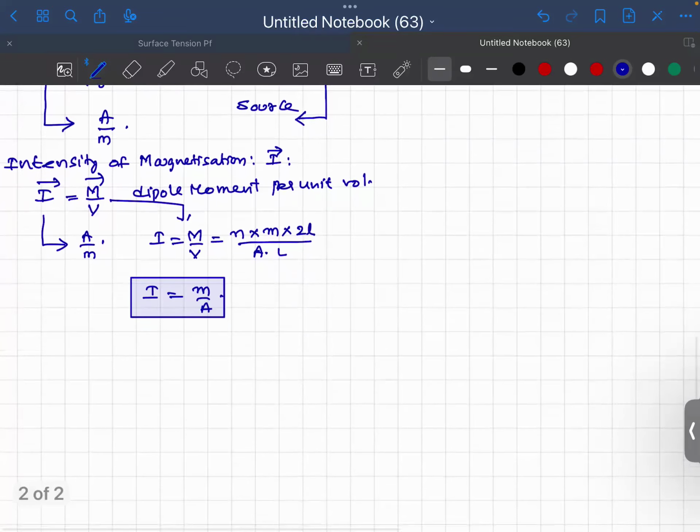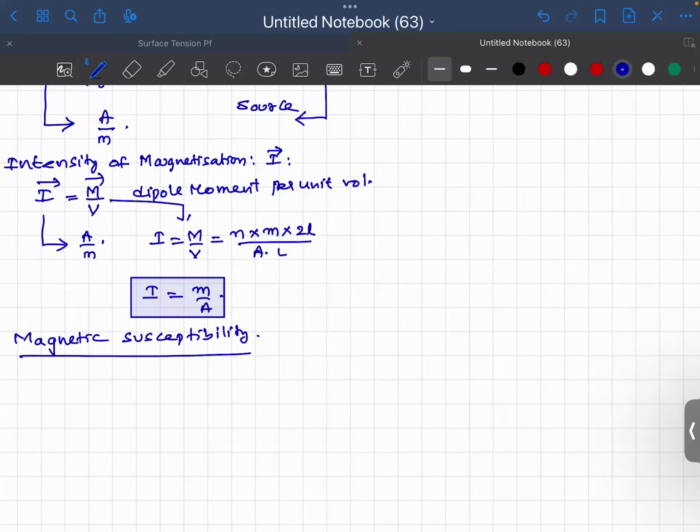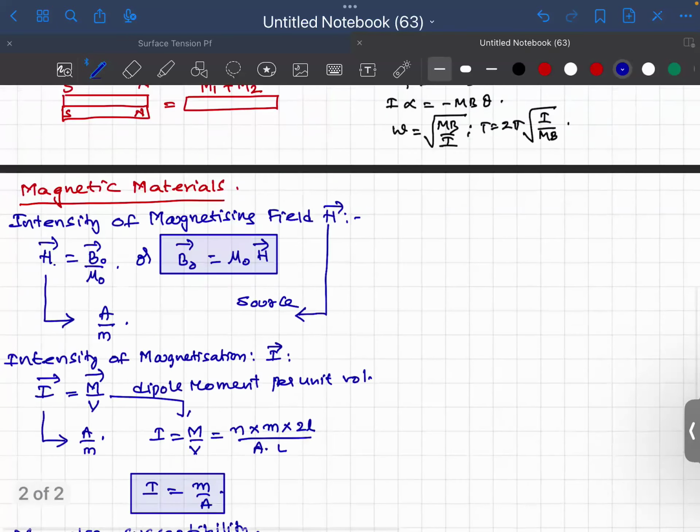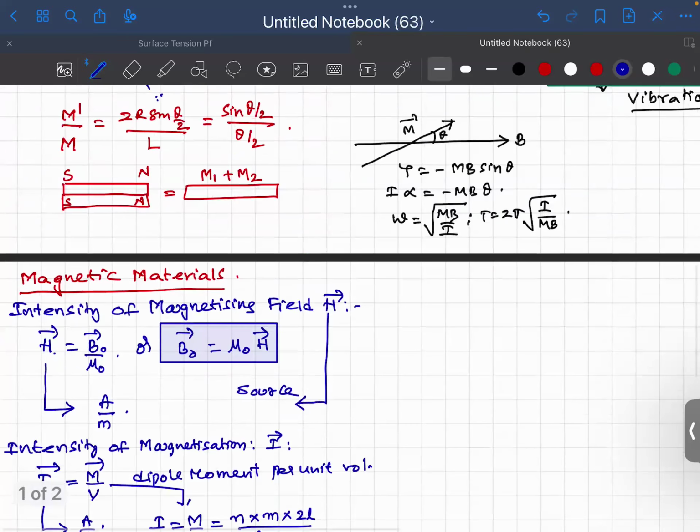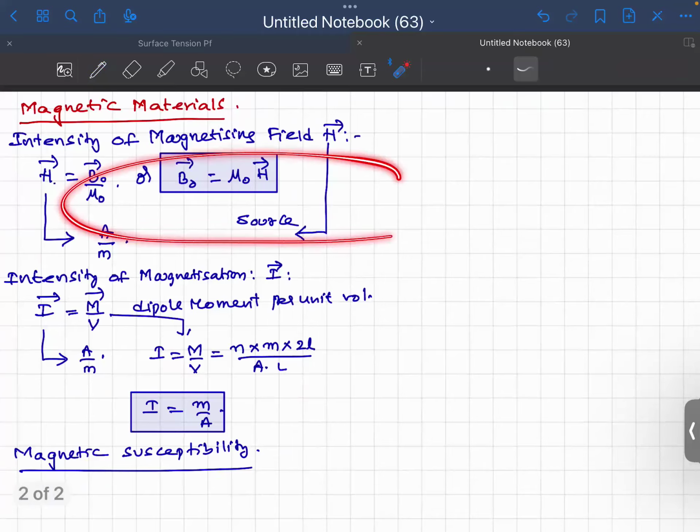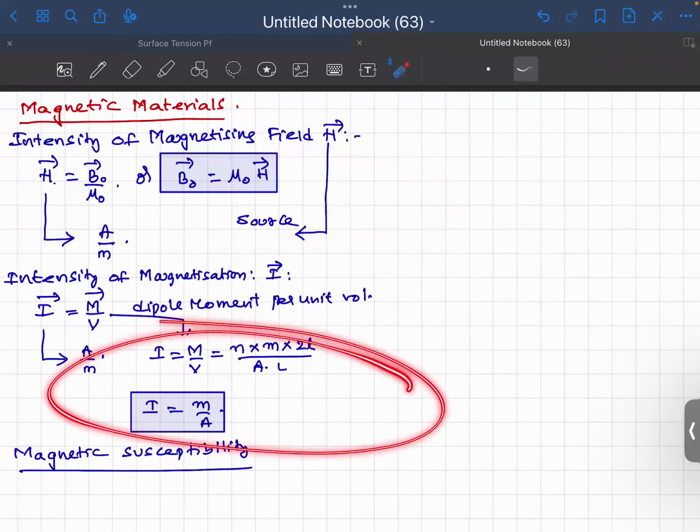And there is another term called magnetic susceptibility. I told you one point at the beginning of this: cause, effect.